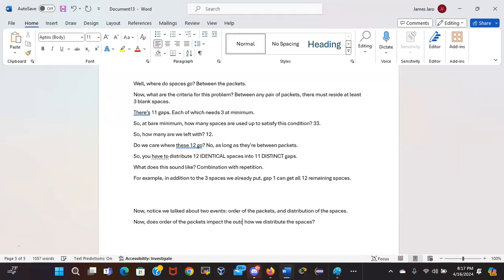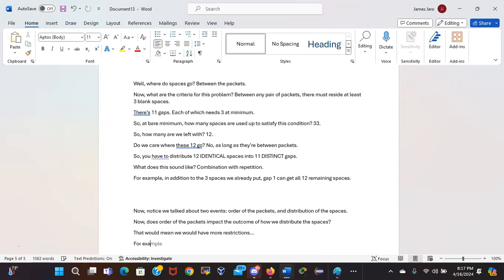I think yes, but I don't know why. Let's think about this for a second. If we're saying that the order impacts the spaces, that would mean we would have more restrictions, right?